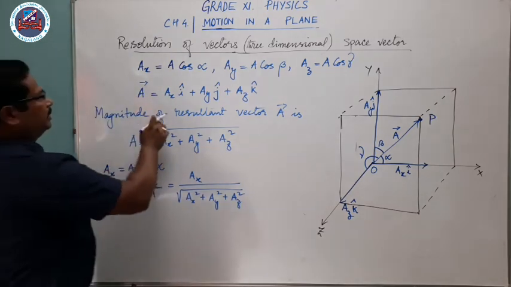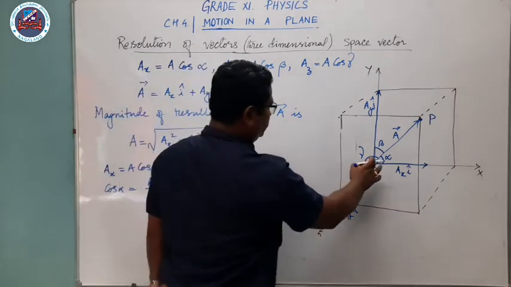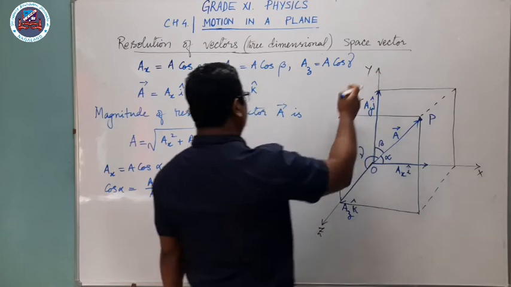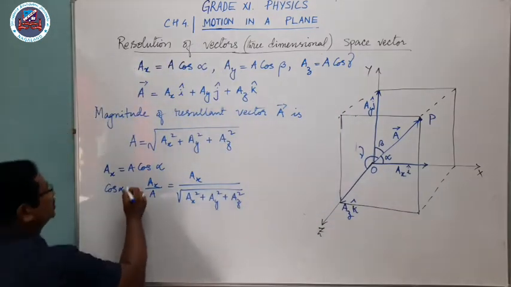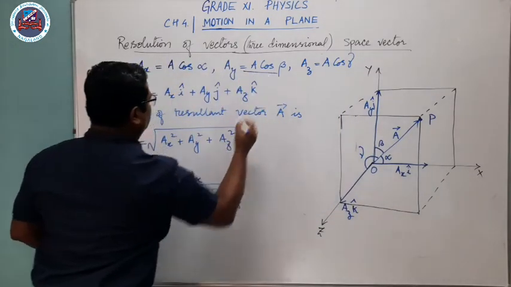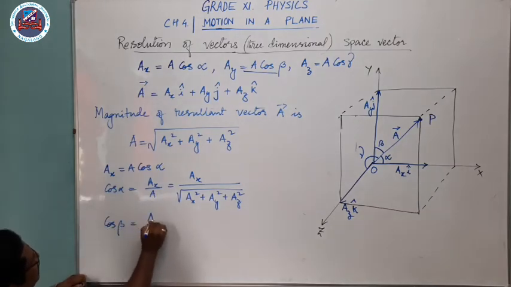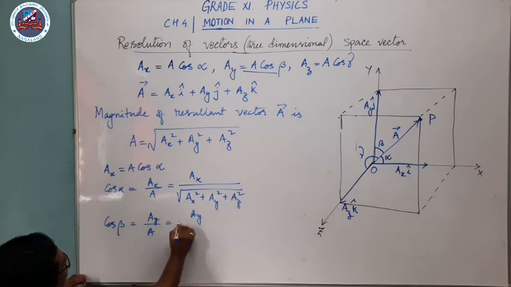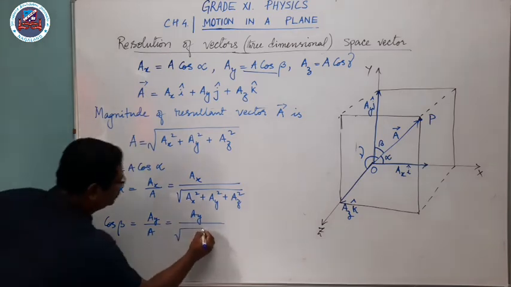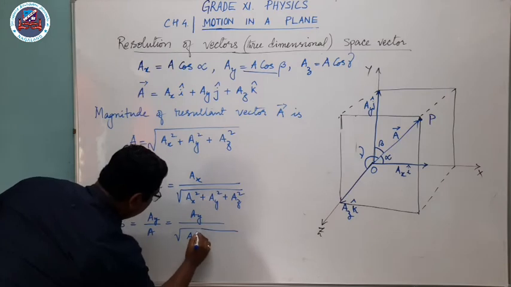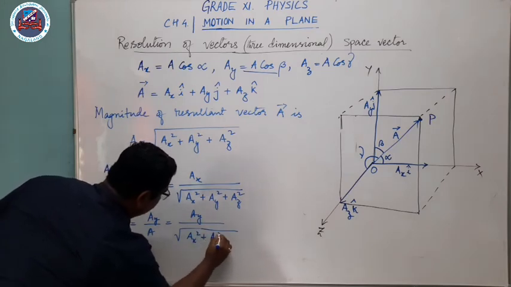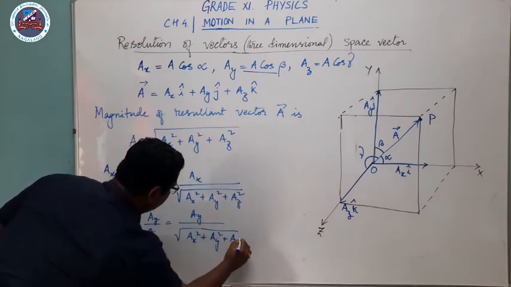The same way, if you want to find the direction of vector A with respect to the y-axis, then cos beta will be ay divided by a, that is ay divided by root over ax square plus ay square plus az square.